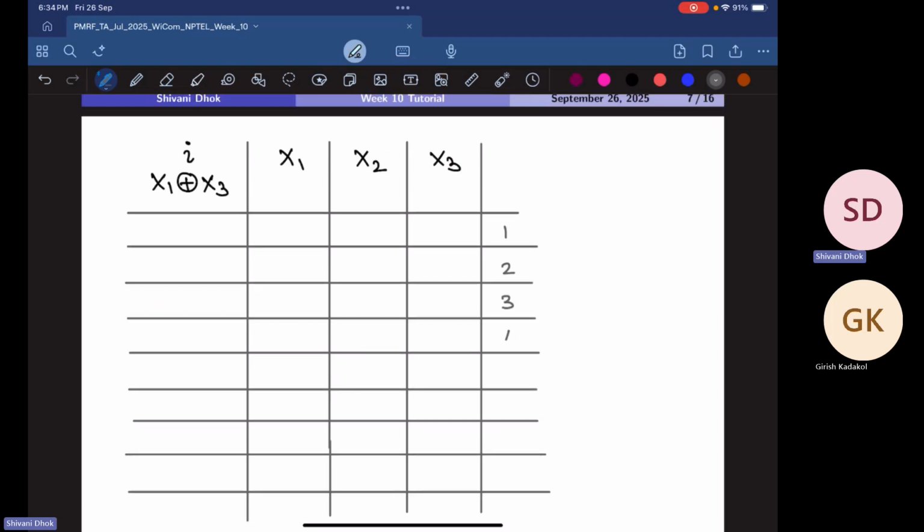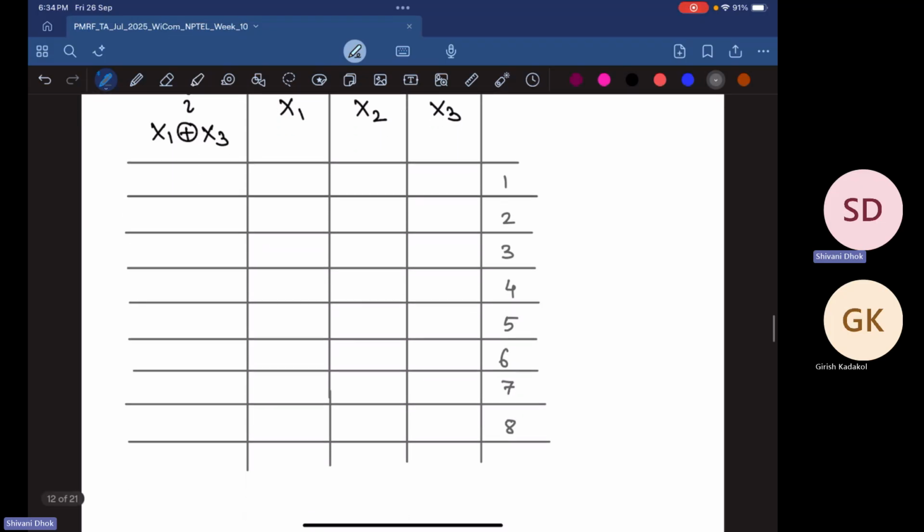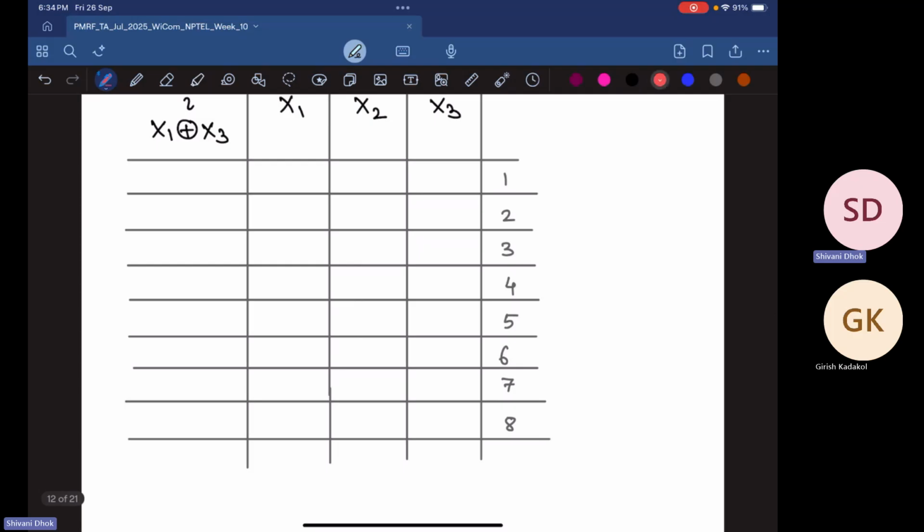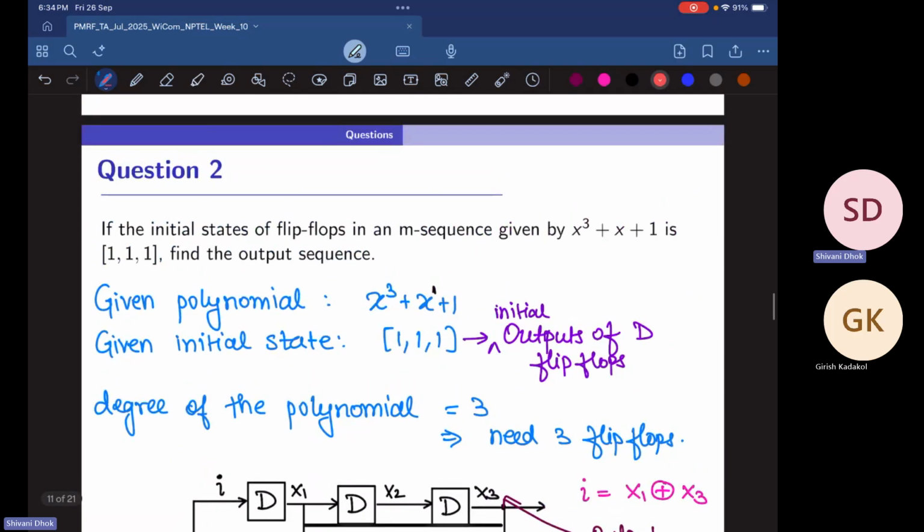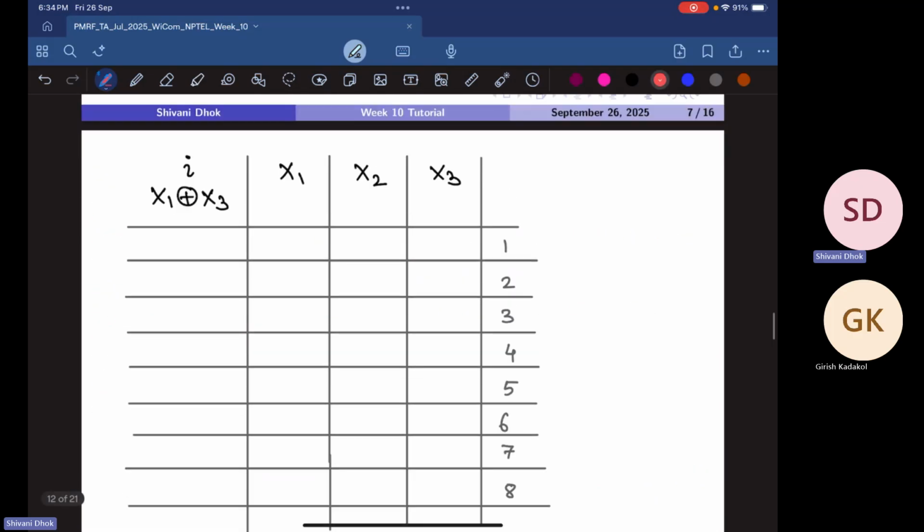1, 2, 3, 4, 5, 6, 7, and 8. Now the initial thing that was given to us is 1, 1, 1. This is the initial output.